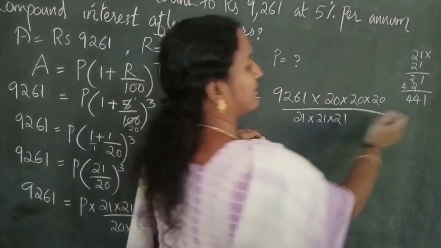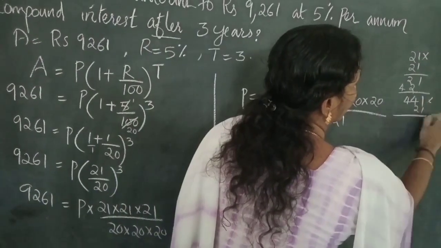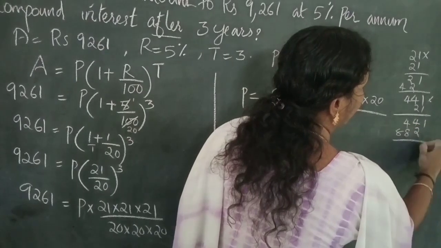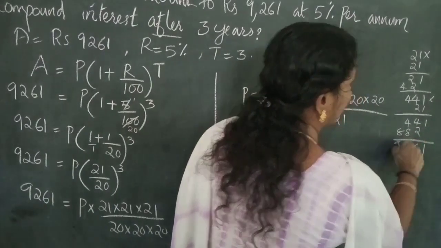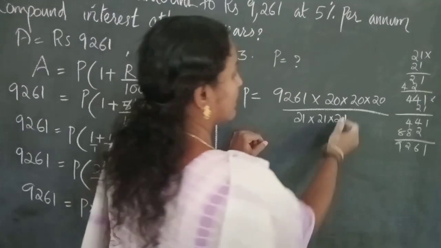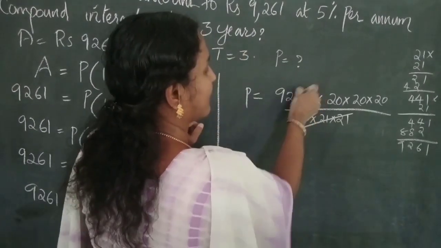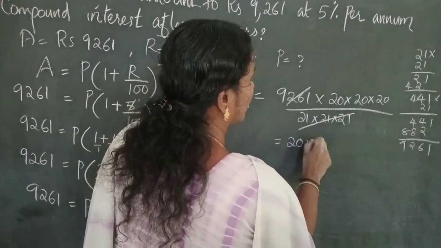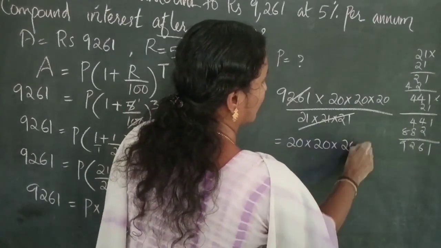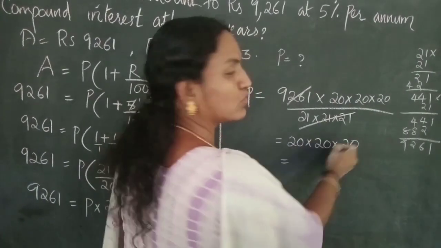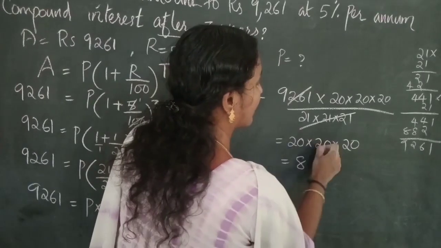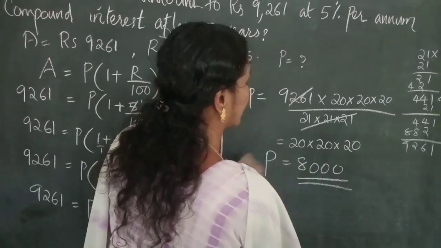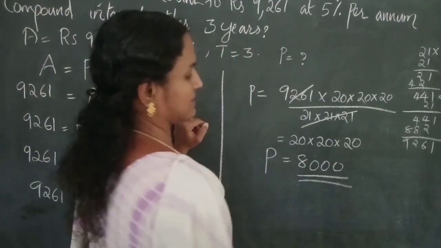After that you have to multiply 21 again, and this number is 9,261. So 21 cube is 9,261. You can cancel the remaining numbers: 20 into 20 into 20, 2 into 2 into 2, 2 cube is 8. How many zeros? 3 zeros. So the sum P is equal to 8,000.